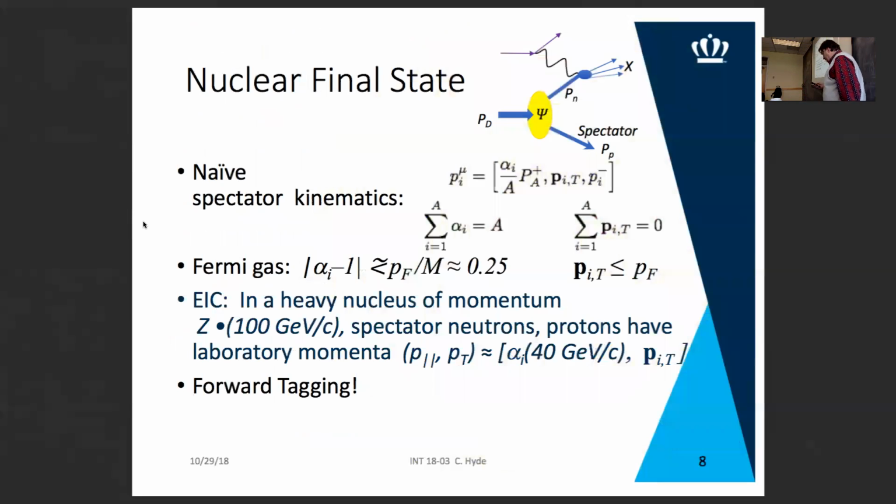Okay, so talking about tagging and reconstructing the nuclear final state, although there are fascinating things to be done in heavy nuclei, I'm going to mostly focus on the light nuclei and explicitly on the deuteron, but the nature of the Electron Ion Collider allows us to look at a variety of light nuclei, including with polarization.